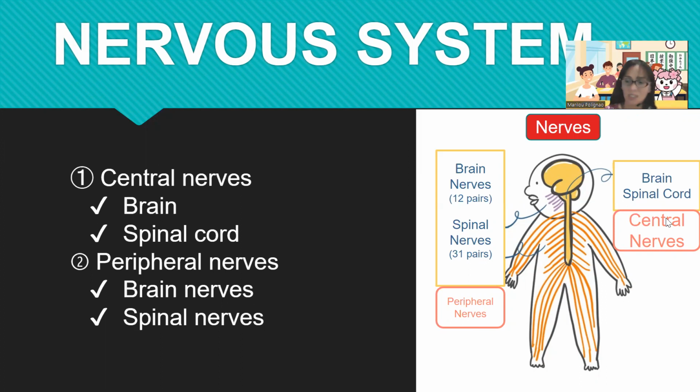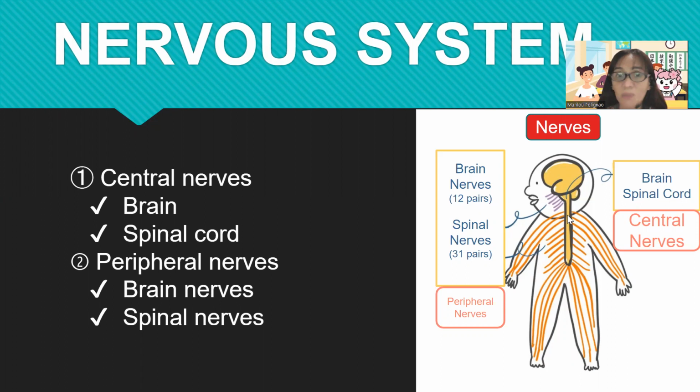So, saan po mag-i-start yan? Magmula po dito sa brain to spinal cord. So, pag ito po ang nagkaroon ng damage, so may tendency na po tayong hindi makalakad. So, ano-ano po yan? Okay? Central nerves or brain spinal cord function, the brain gathers information from the rest of the body.